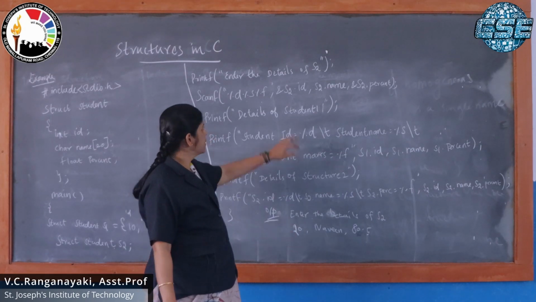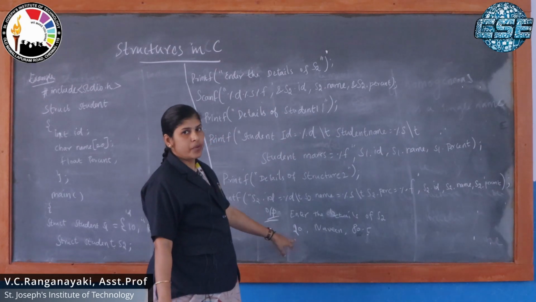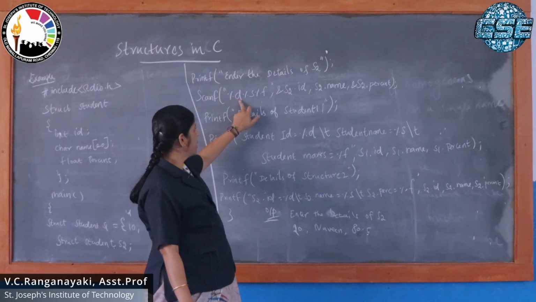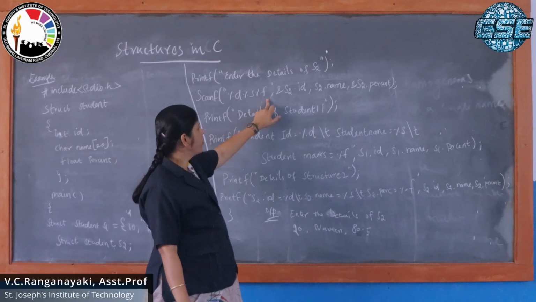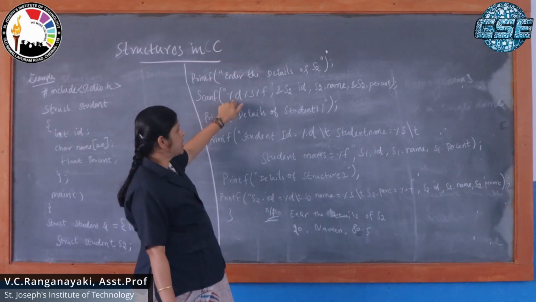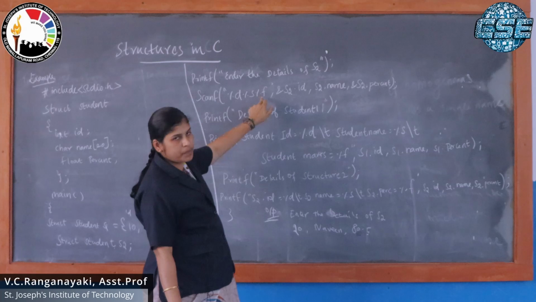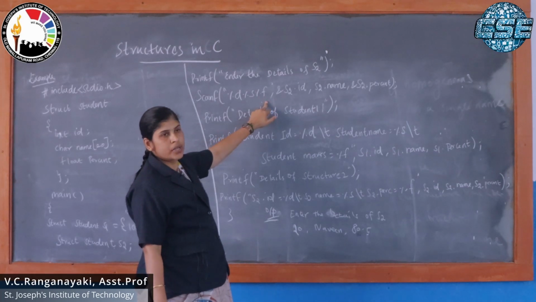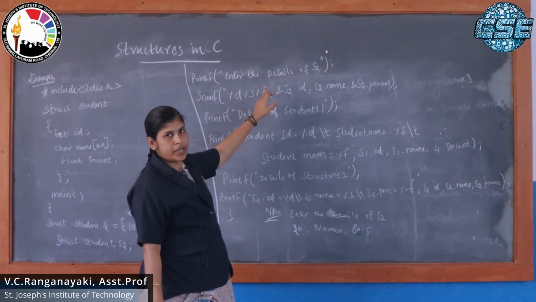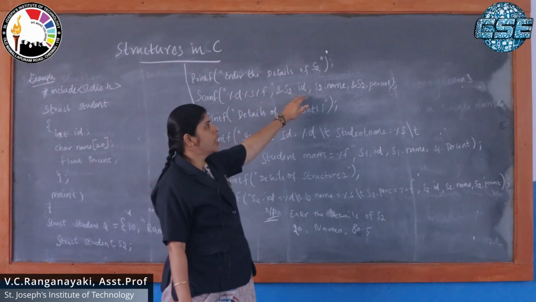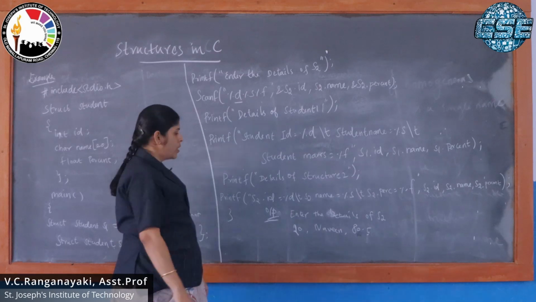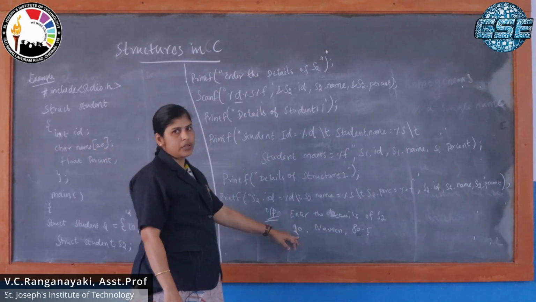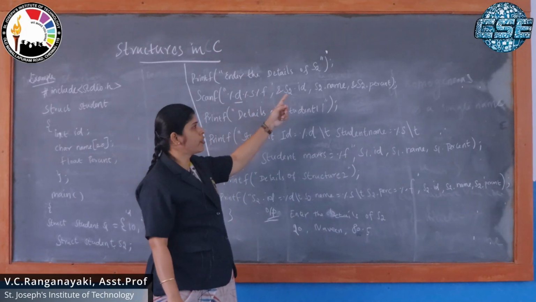So scanf reads the values: 20 as %d, Naveen as %s and %f. Why do I give %d, %s and %f here? These are format specifiers to specify the values. %d is for an integer value; 20 is an integer, so I give %d for ID.